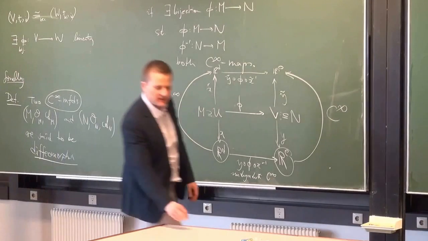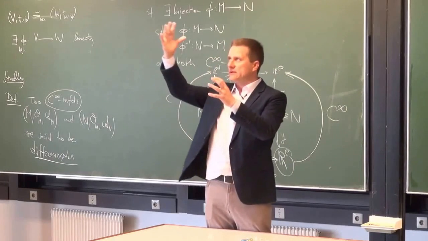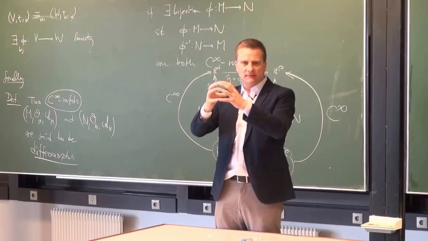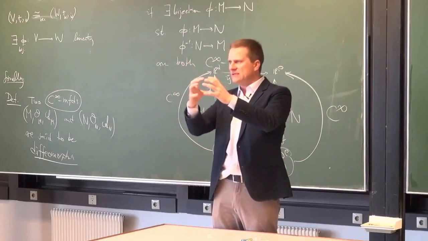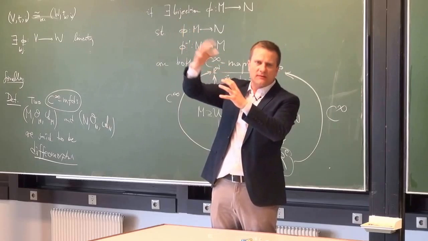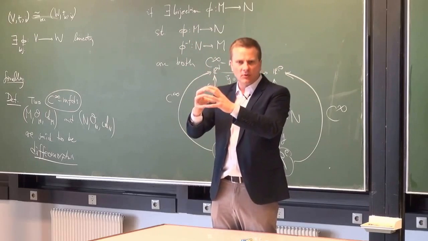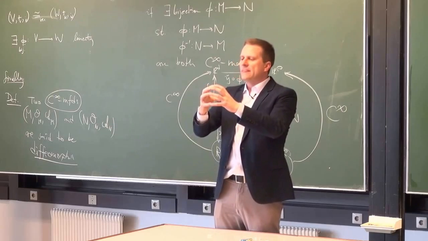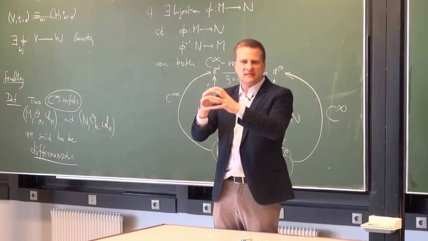For instance, if I take a ball, I embed it nicely and I pull back the topology from R^3, right? So I take x squared plus y squared plus z squared in R^3. I induce the standard topology from R^3. I get a topological manifold, we already know, right? We talked about this. And then can I produce there a maximal atlas such that I get a C infinity manifold?